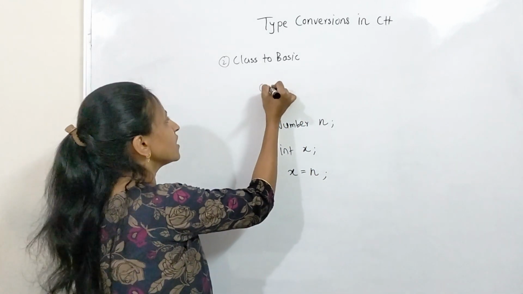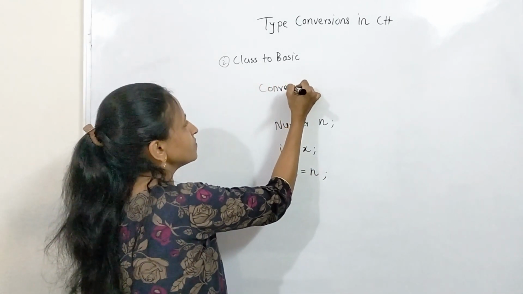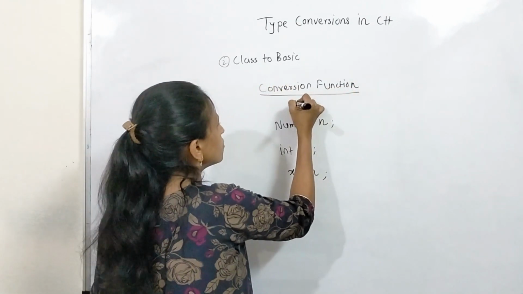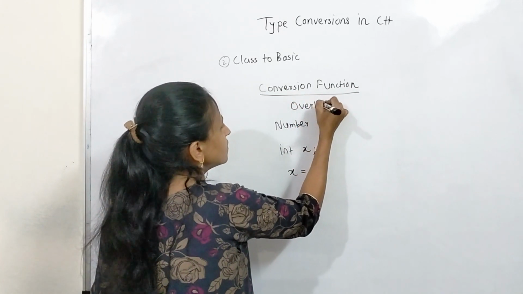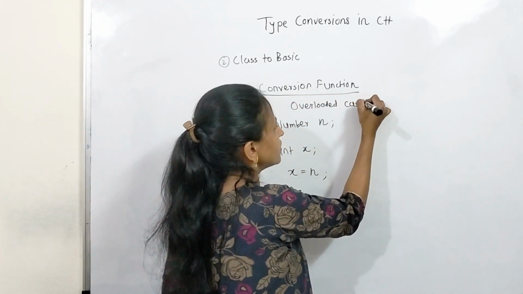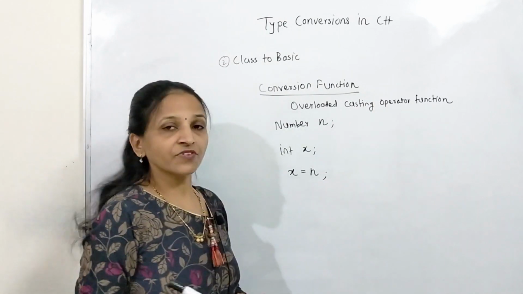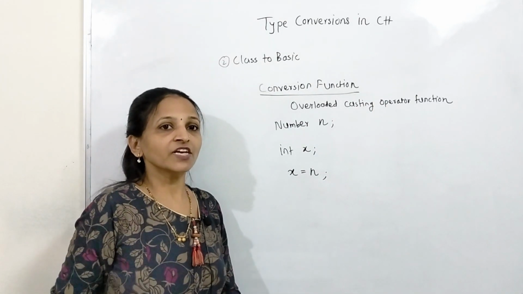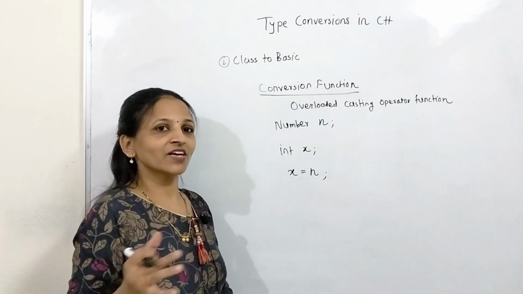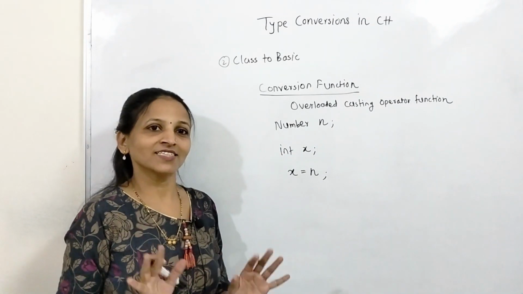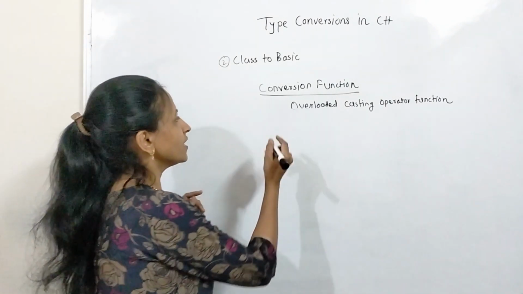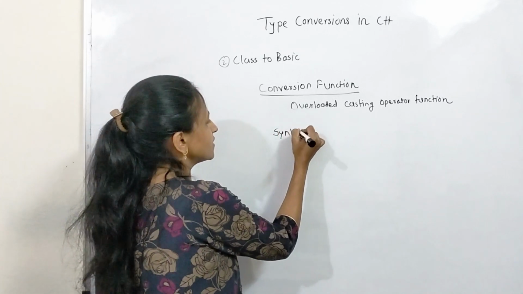It is also called the overloaded casting operator function. First we will see the syntax, then we will use that syntax in our program so that we get a clear understanding. The syntax is like this.